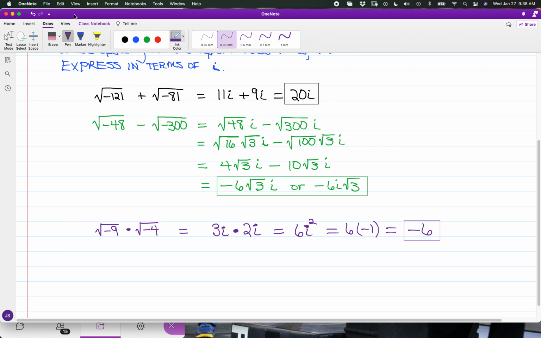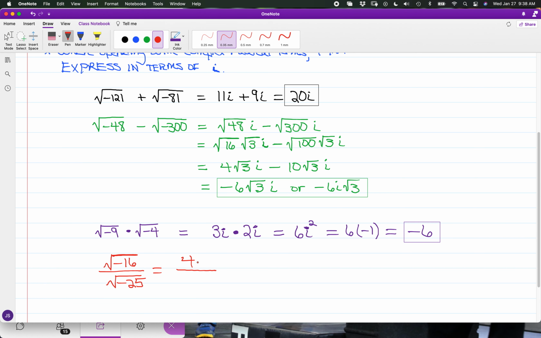And in terms of taking what we have with radicals, let's say I have the square root of negative 16 over the square root of negative 25. Both numbers inside the square root are negative, so I can go ahead and write them in terms of i.